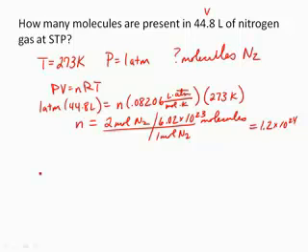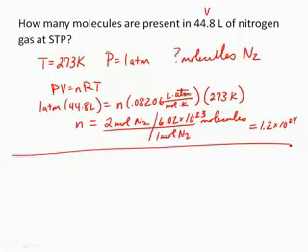And one of the nice things about these gas problems is that there's often more than one way to come to the correct answer. Here, what I want to remind you of is what we call the standard molar volume. I mentioned it before, but we really haven't used it.